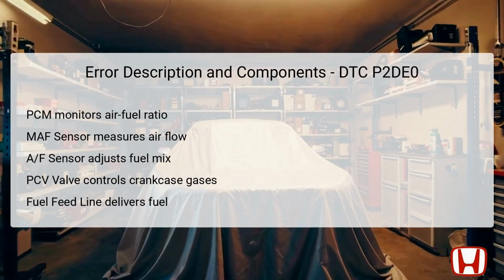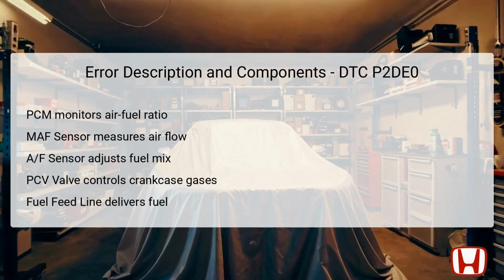The main components related to DTC P2DE0 include the Powertrain Control Module, PCM, which is responsible for regulating engine operation, and the Mass Airflow, MAF sensor, which measures the volume and density of air entering the engine. The Air Fuel Sensor, AF sensor, plays a critical role by adjusting the fuel mixture based on readings from the exhaust system.